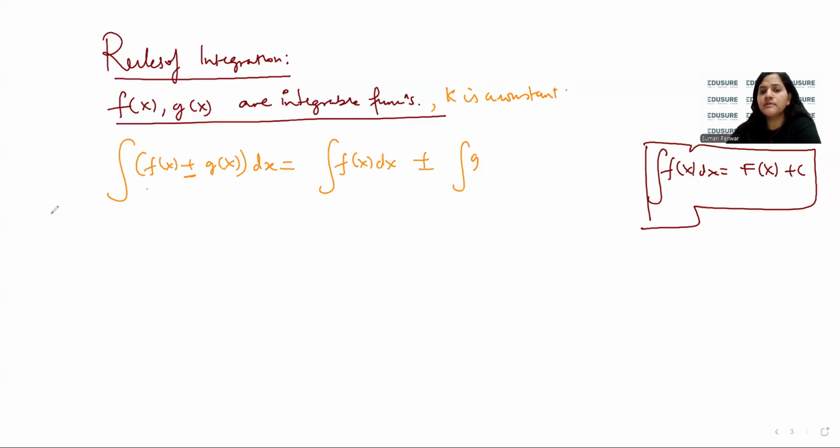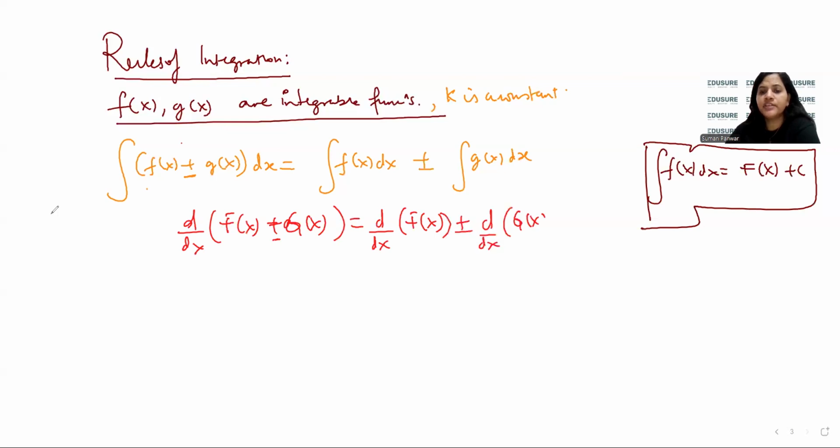And this follows by the rules of differentiation, because we already know from differentiation that d by dx of any two functions, capital F(x) and capital G(x), with plus or minus sign in between, is equal to d by dx of capital F(x) plus or minus d by dx of capital G(x).